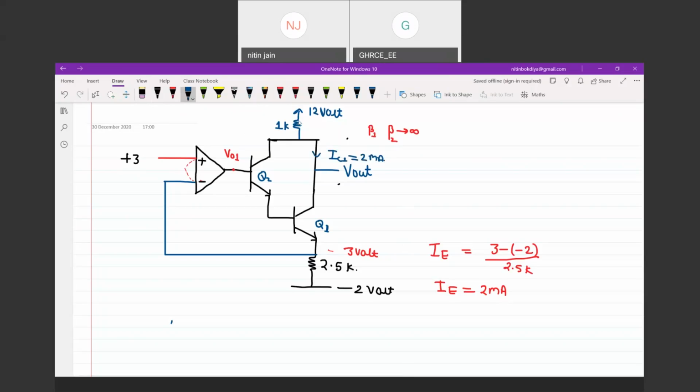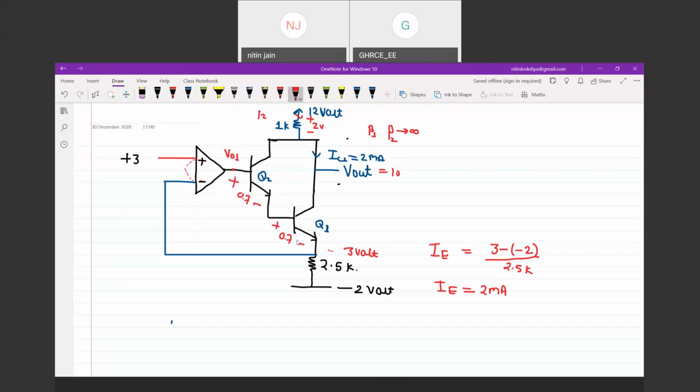If the collector current is 2 milliampere, then this current is coming from the source of 12 volt. What is this potential drop? A 2 volt potential drop, so the output voltage is equivalent to 10 volt. Now, if the emitter potential is 3 volt, the base emitter potential drop is 0.7, so this is 0.7, this is 0.7.